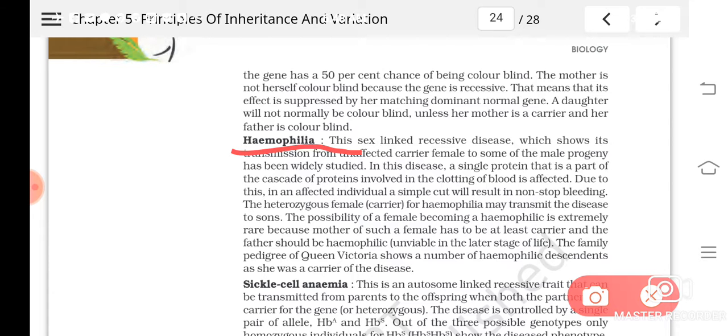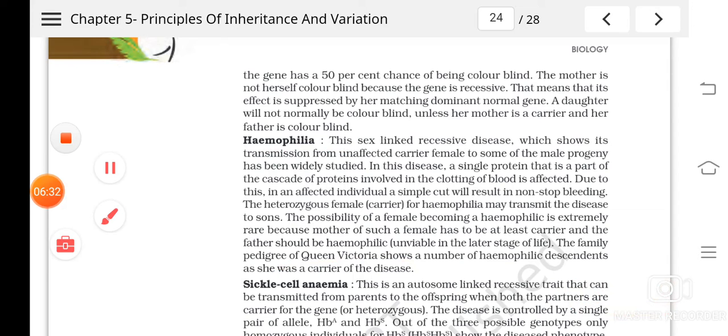Understood? The possibility of a female becoming hemophilic is rare, because the mother of such a female has to be at least a carrier, and the father should be hemophilic, isn't it? Then only can she become hemophilic. This disease is also known as bleeder's disease, and also the royal disease, because it was found in the royal family of Queen Victoria.